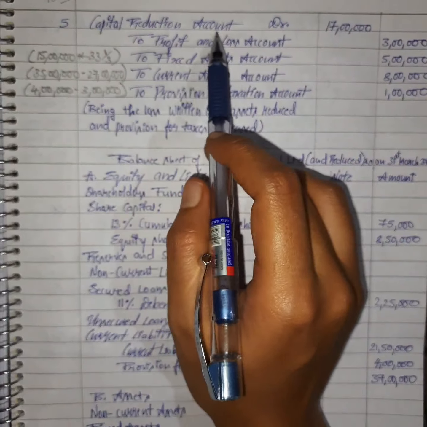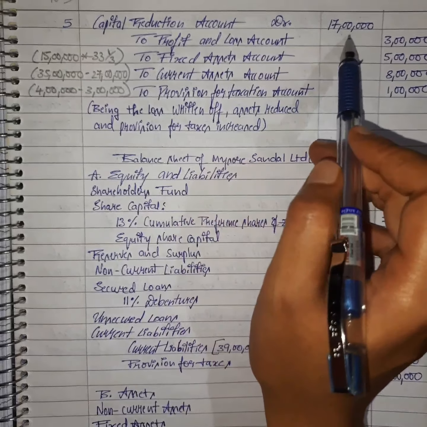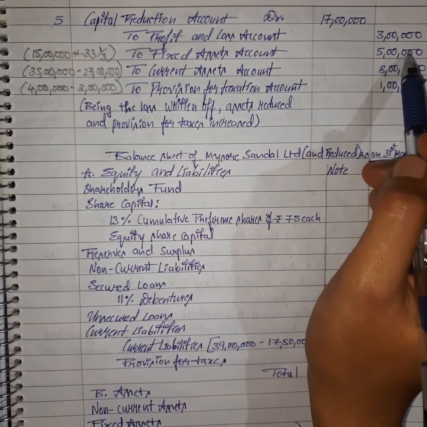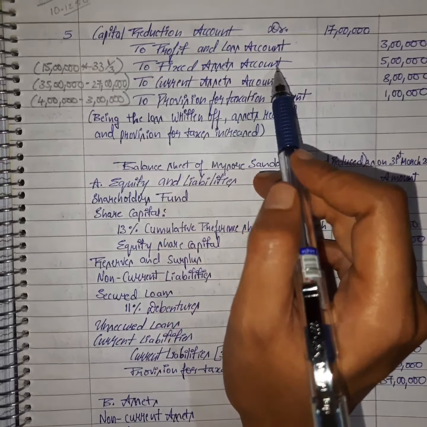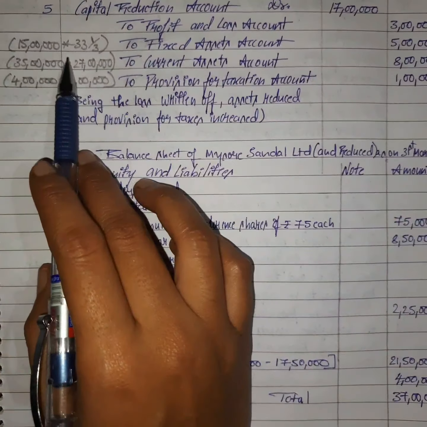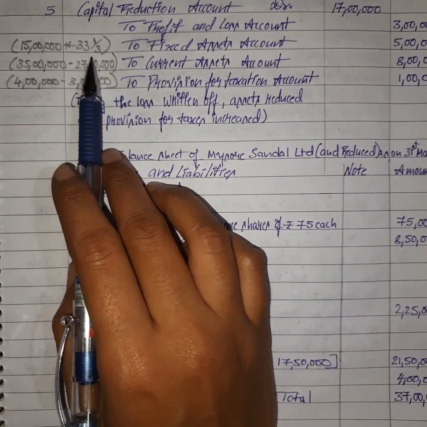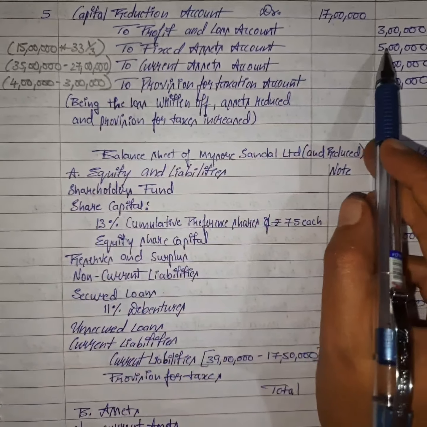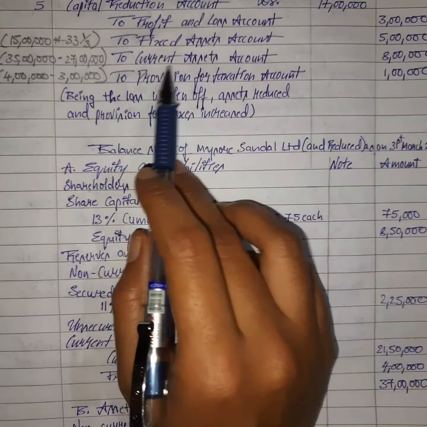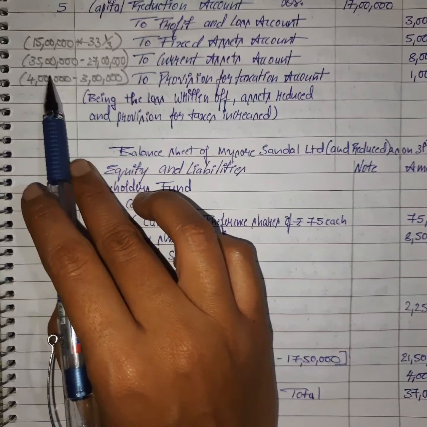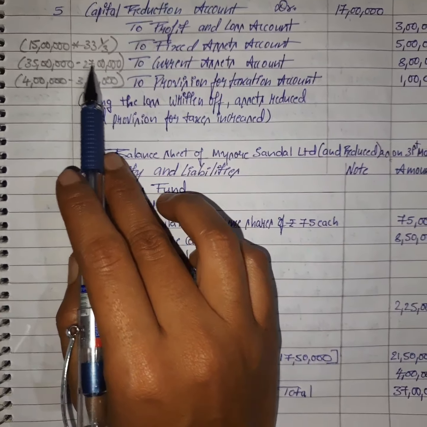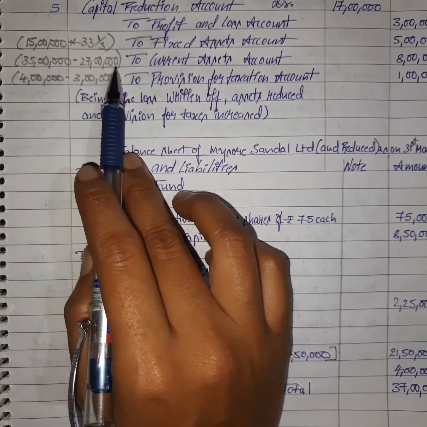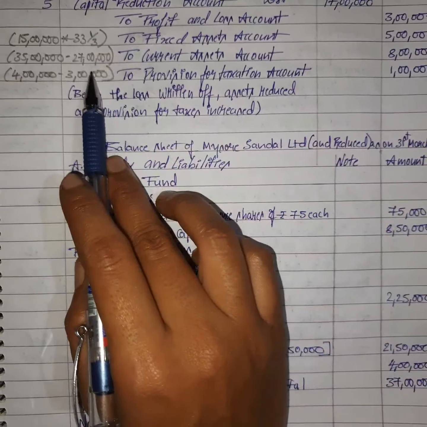Next entry, capital reduction account debit 17 lakh, to profit and loss account 3 lakh, to fixed asset account 15 lakh into 33 1/3 percentage, you will be getting 5 lakh. To current asset account, in the balance sheet 35 lakh minus revalued 27 lakh, so it is the reduced amount.